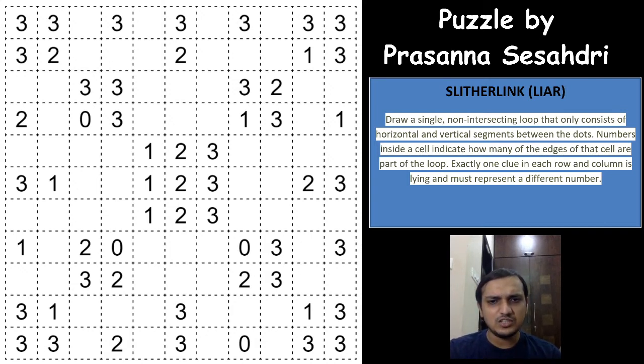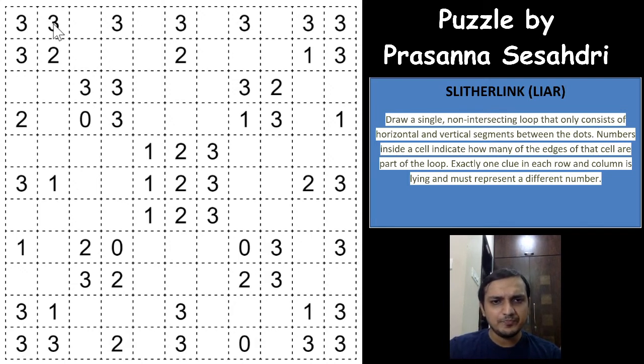So as you can see, here one of the 3's is wrong, here one of the 3's is wrong, here one of the 3's will have to be wrong, and on the last side one of the 3's will have to be wrong, right?